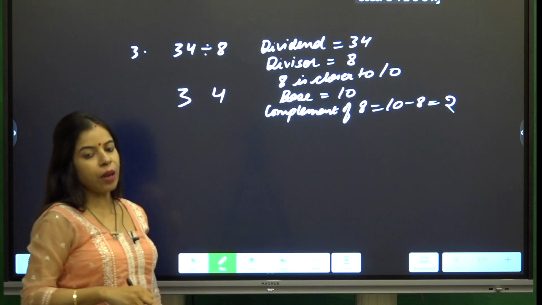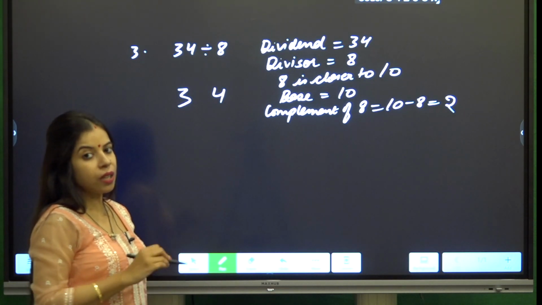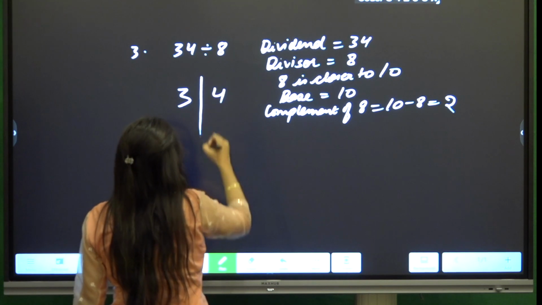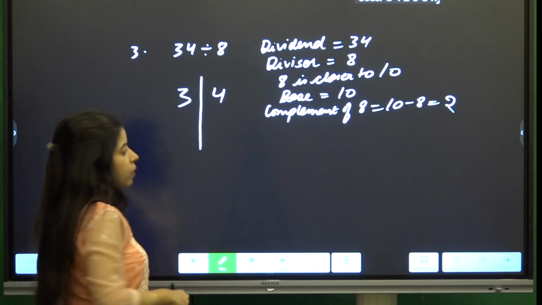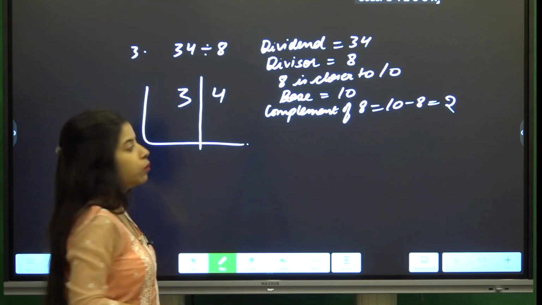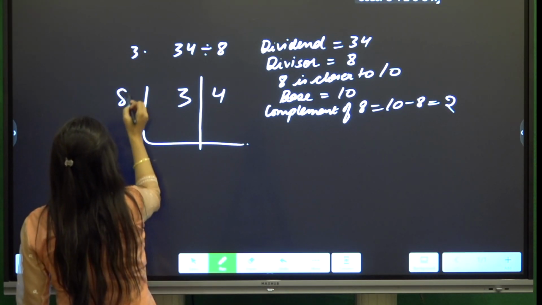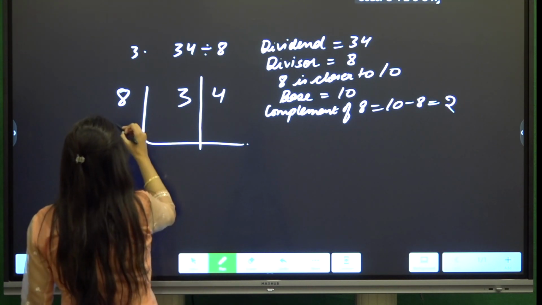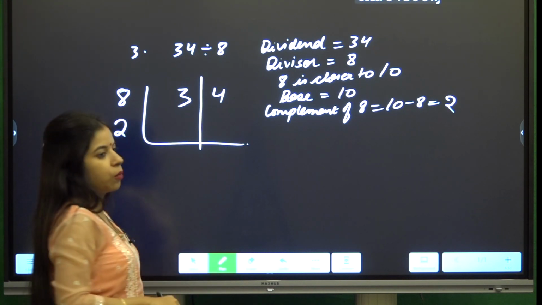Since number of zeros in the base is 1, so I am going to place a slash between 3 and 4. Okay. To the left of this number I am going to write the divisor, which is 8, and below the divisor I am going to write the complement. Okay.